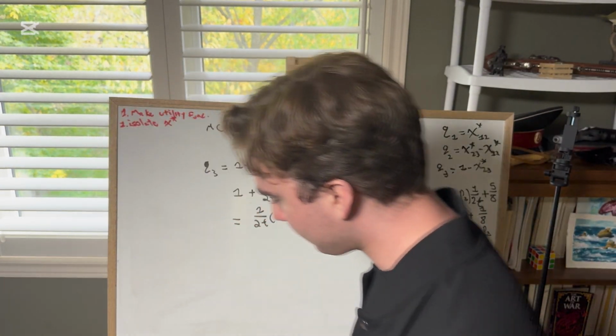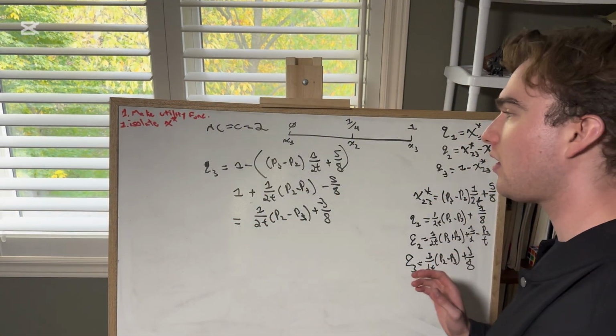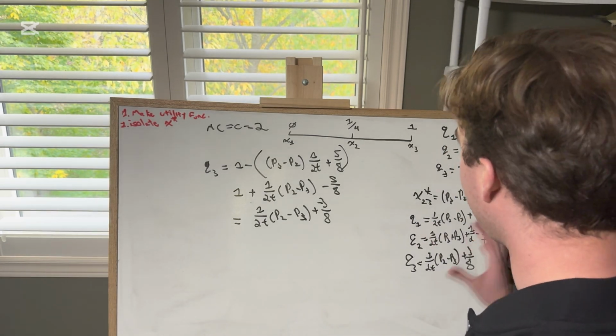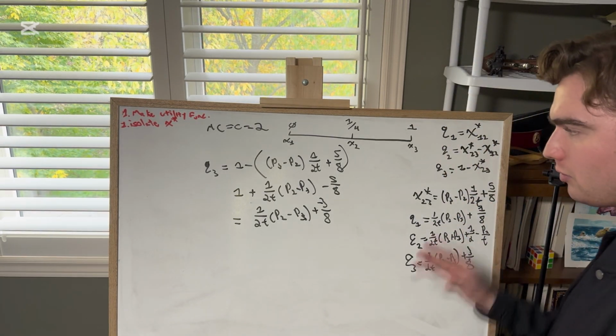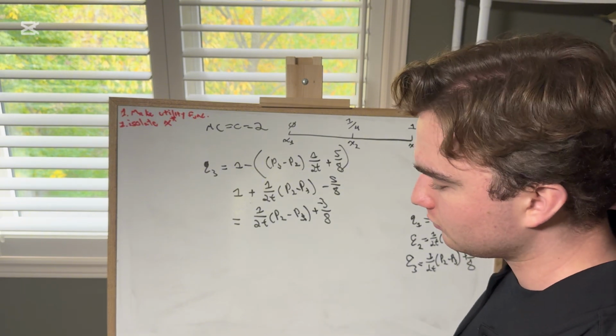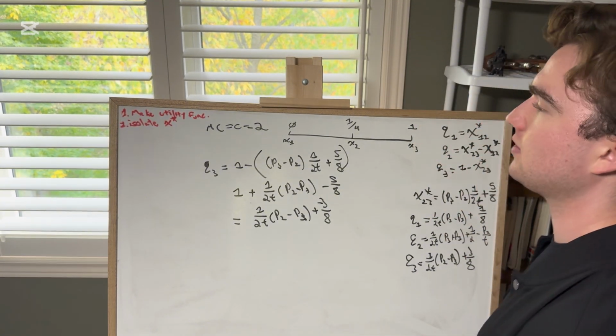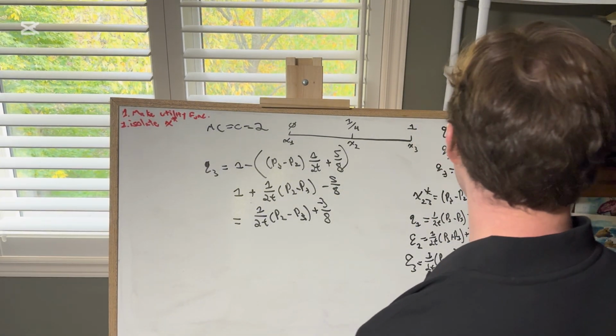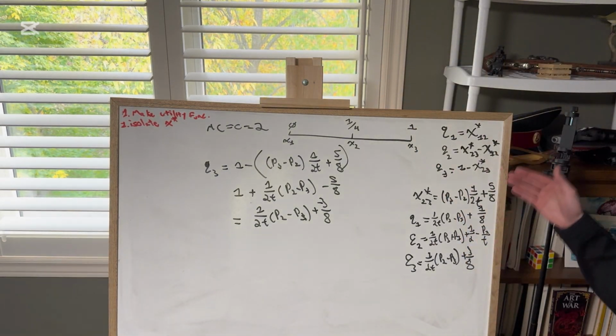So this is like getting through some of the more boring math, and then you get to maximize, and that's when things get really, really cool. But this is what you need here.